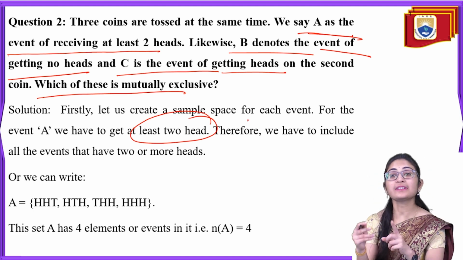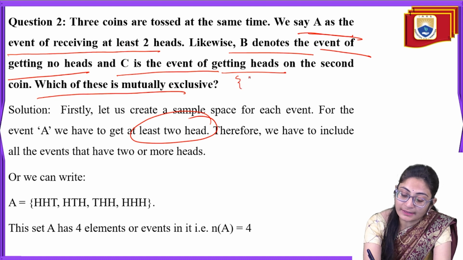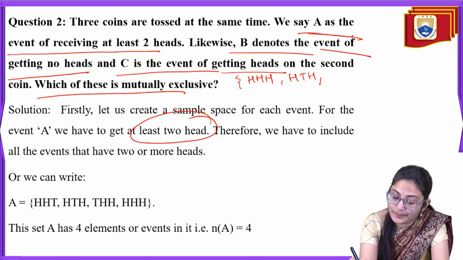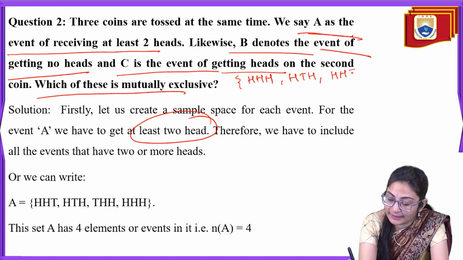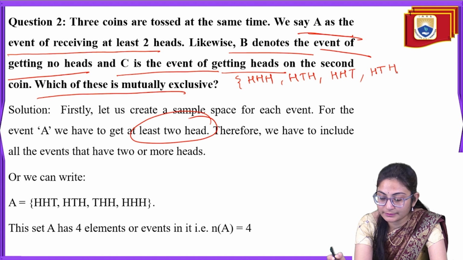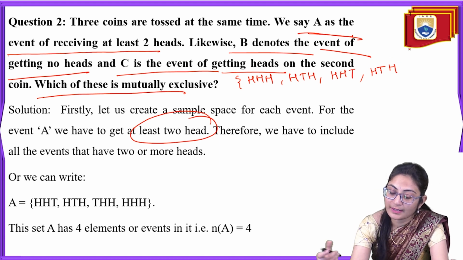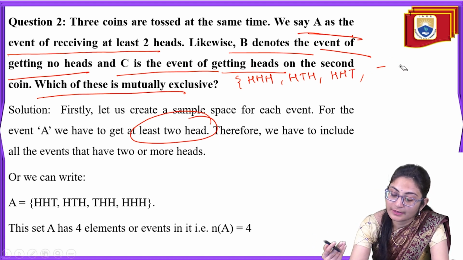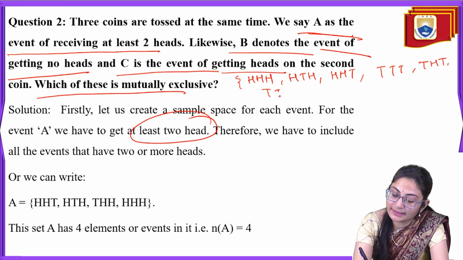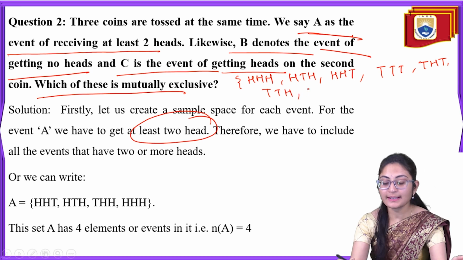So the sample space will be: head, head, head; tail, head, head; head, tail, head; head, head, tail; tail, tail, head; tail, head, tail; head, tail, tail; tail, tail, tail.